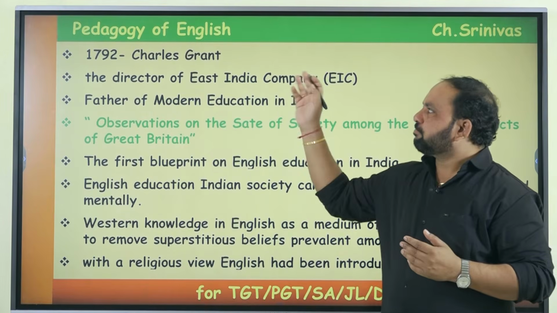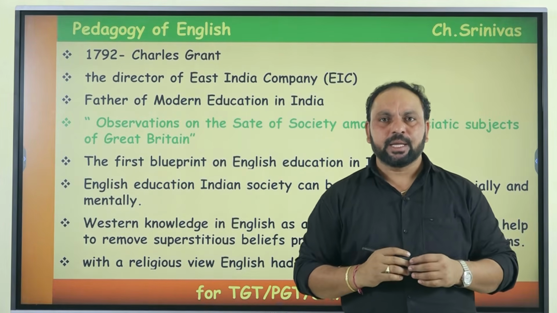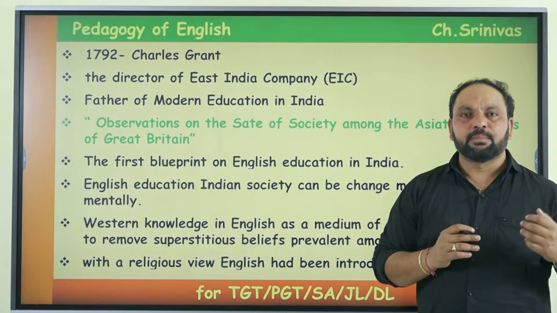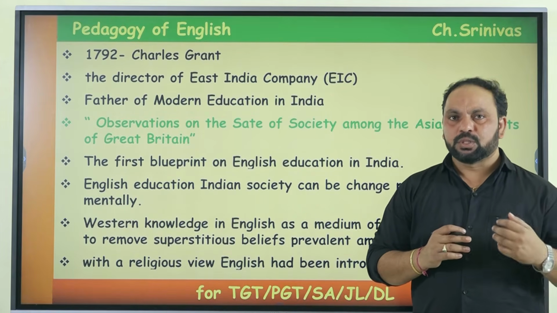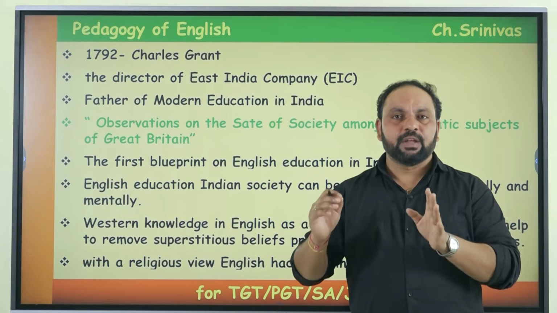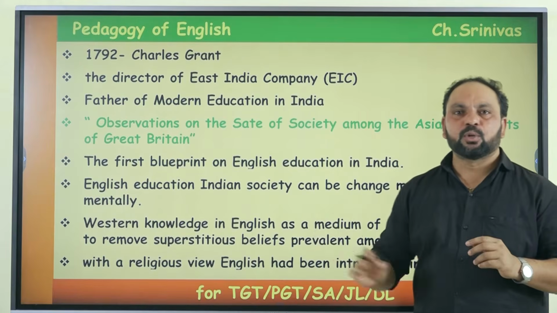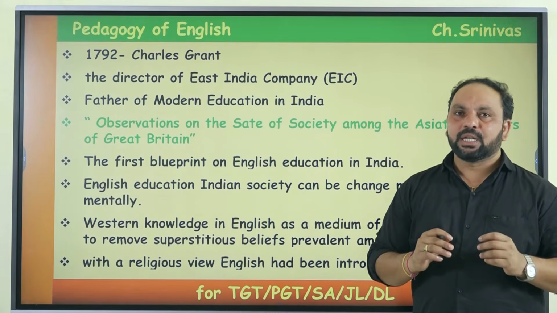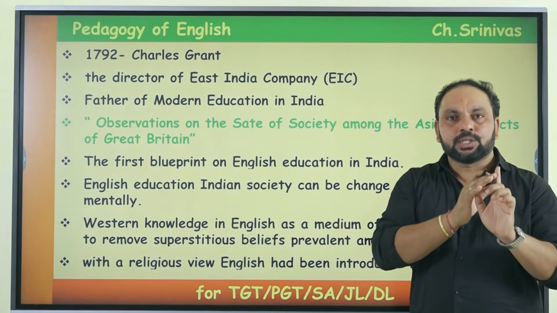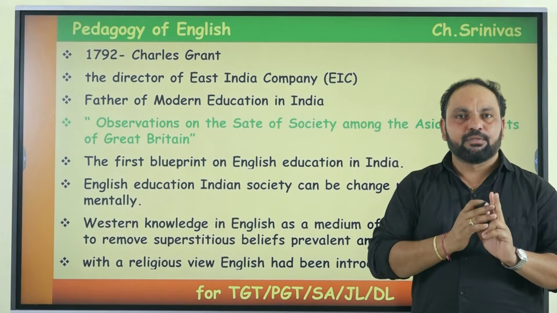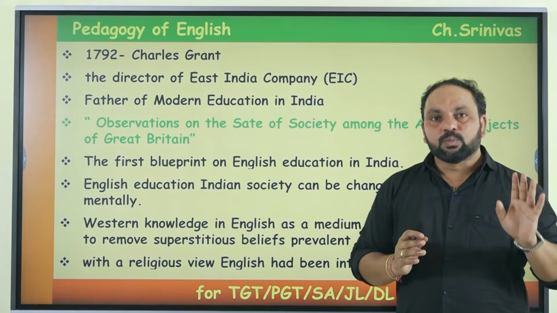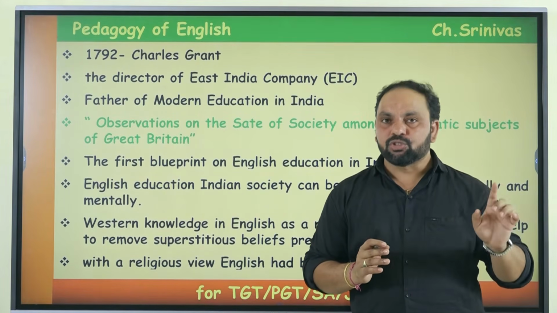This was the desire that Sir Charles Grant expressed, and he was strongly supported by William Wilberforce, another parliamentarian. But unfortunately, or fortunately, we don't know, the recommendations of these two people were not at all accepted by the British government because it wanted to maintain religious neutrality in India.